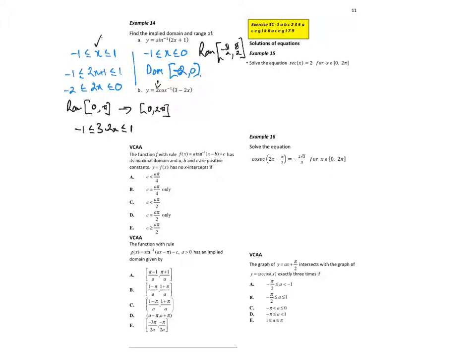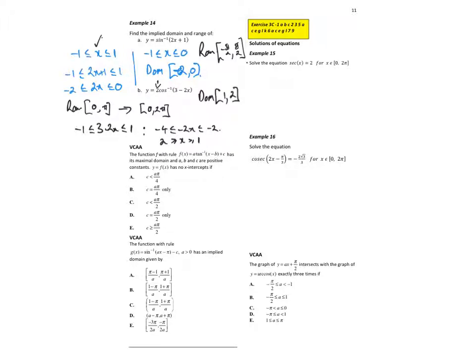Subtract 3 from both sides. So running out of room. So subtract 3, we get negative 4 is less than negative 2x, which is less than negative 2. Divide by negative 2, I get 2 is greater than x, which is greater than 1. So that makes my domain then bound between 1 and 2.